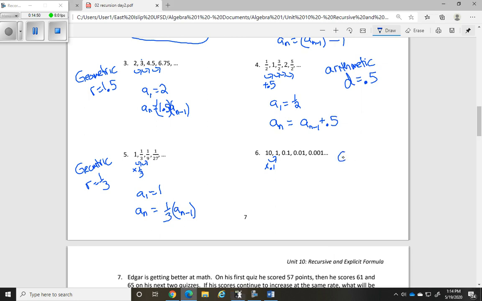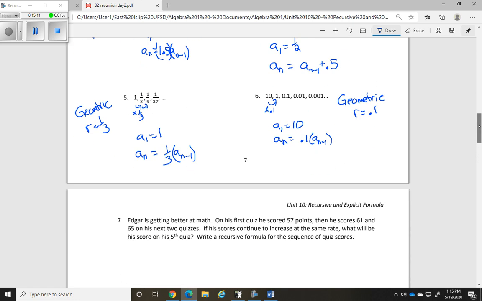It's geometric. The common ratio is 0.1. My first term is 10, a sub n will be 0.1 times a sub n minus 1.